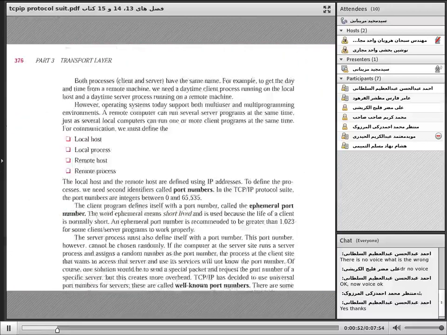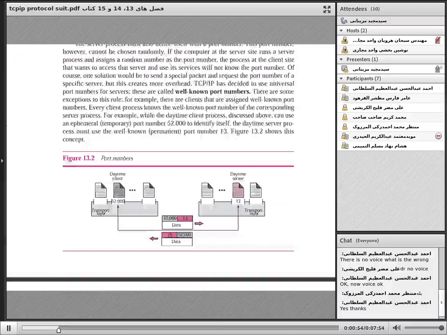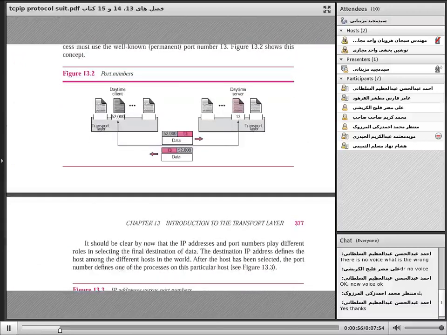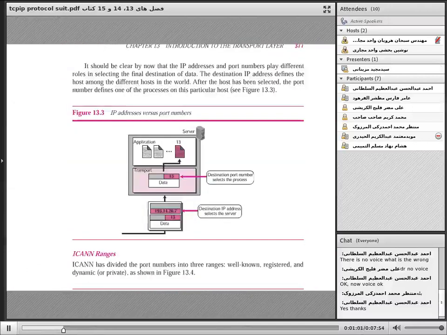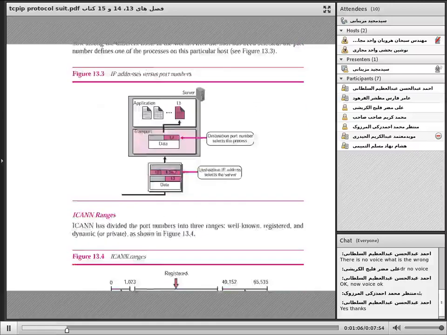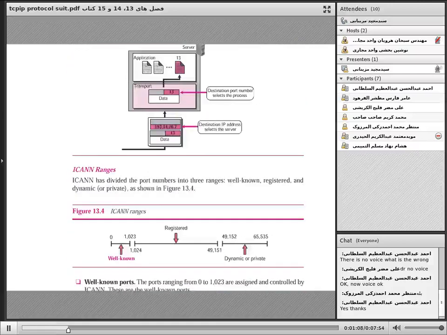جلسه قبل این شکل ها رو براتون توضیح دادم. I explained the figure in details for you. I defined what a socket address is. I explained about the well-known ports and ephemeral ports.